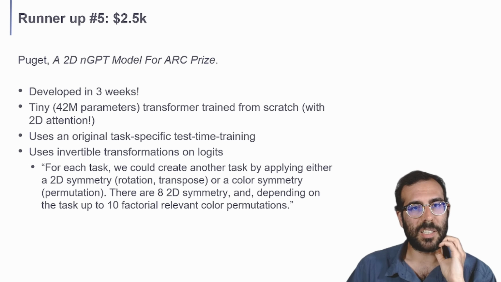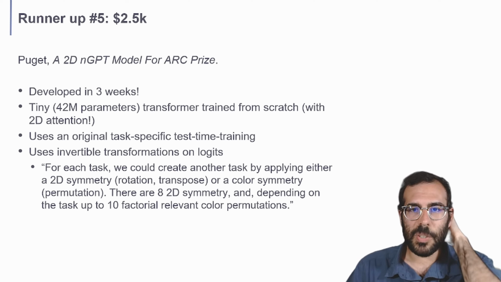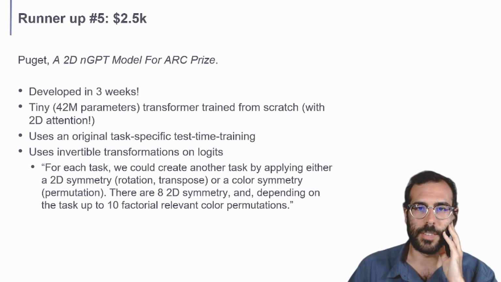So for each task, this is what Jay says, we could create another task by applying either a 2D symmetry, so rotation or transpose, or a color symmetry, a permutation. There are 8 2D symmetries, and depending on the task, up to 10 factorial relevant color permutations.